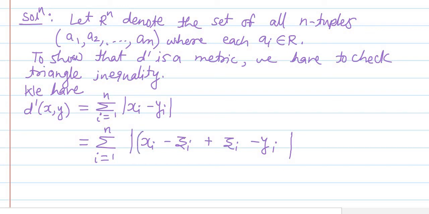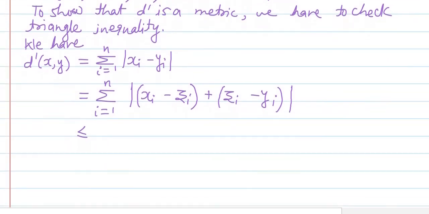And obviously now we'll make one group of xi minus zi and another group of zi minus yi, and we know that mod of a plus b is less than or equal to mod a plus mod b, that we know from the properties of the absolute value function.